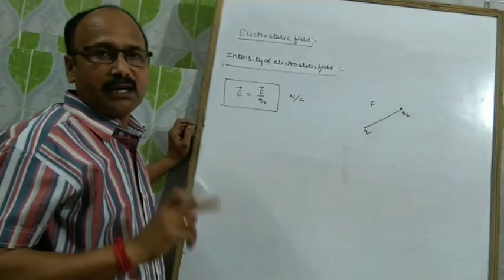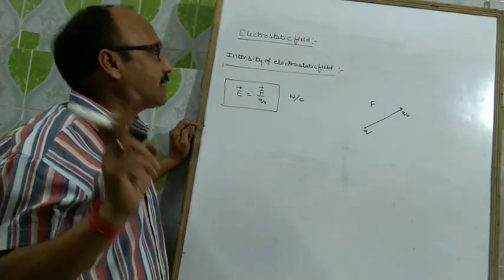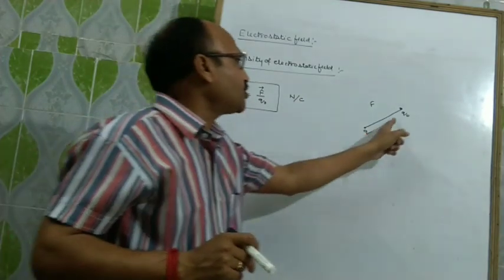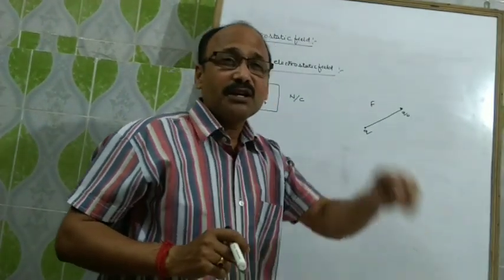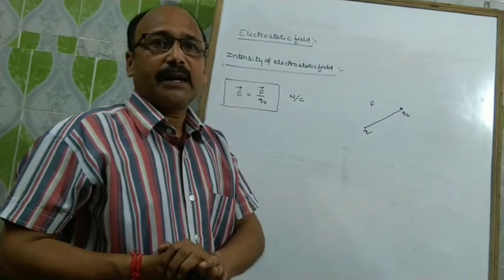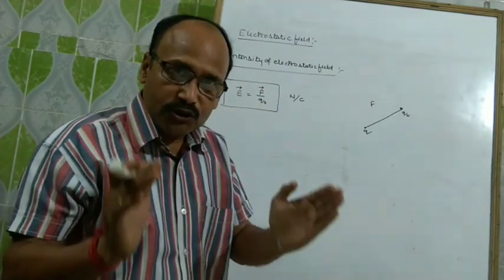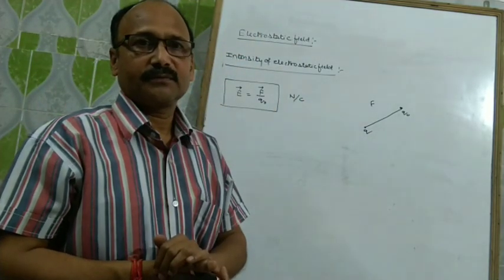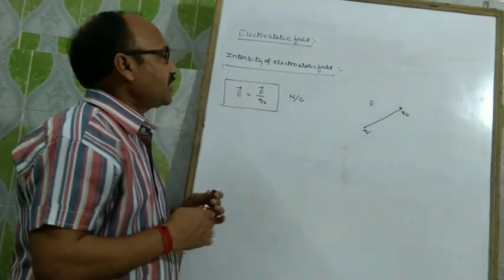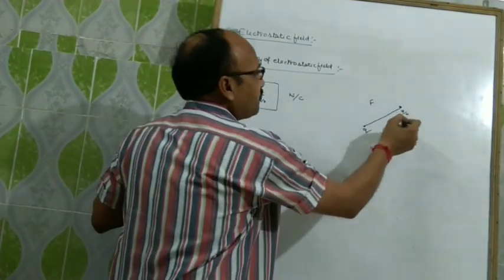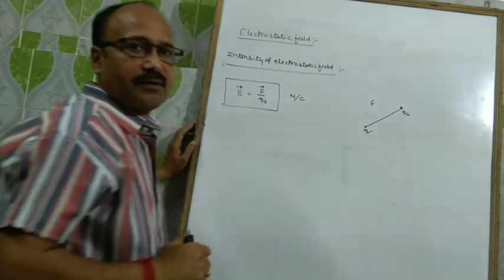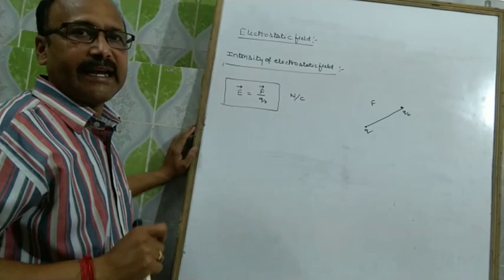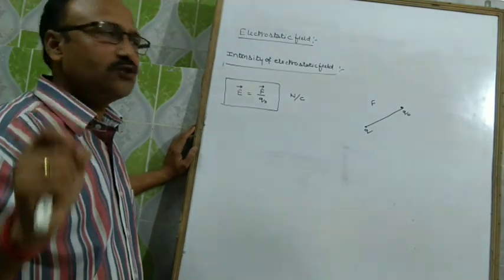If you want the correct measurement at this point, this charge Q naught must be so small that it will produce a negligible electric field. So we have to make this Q naught very small.